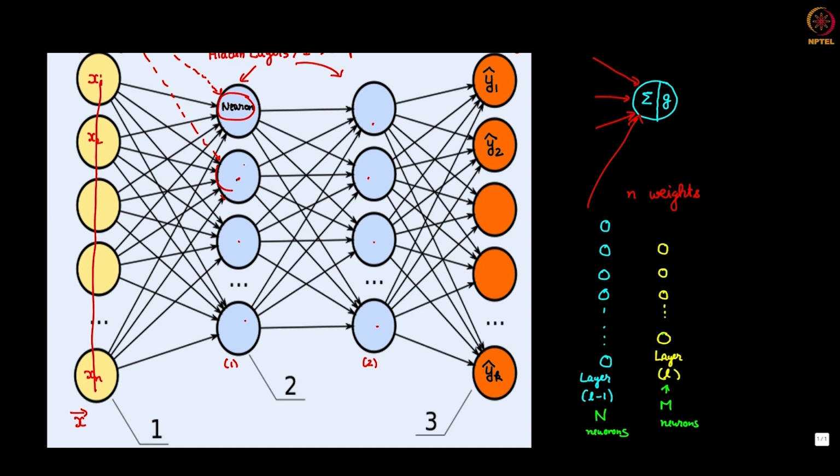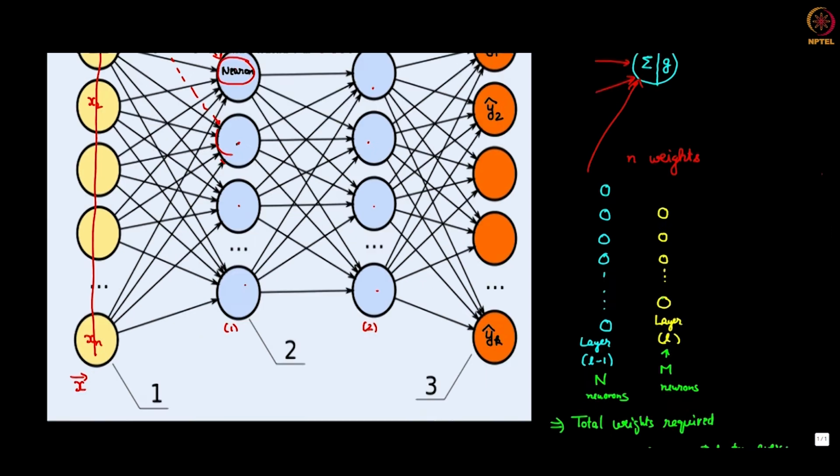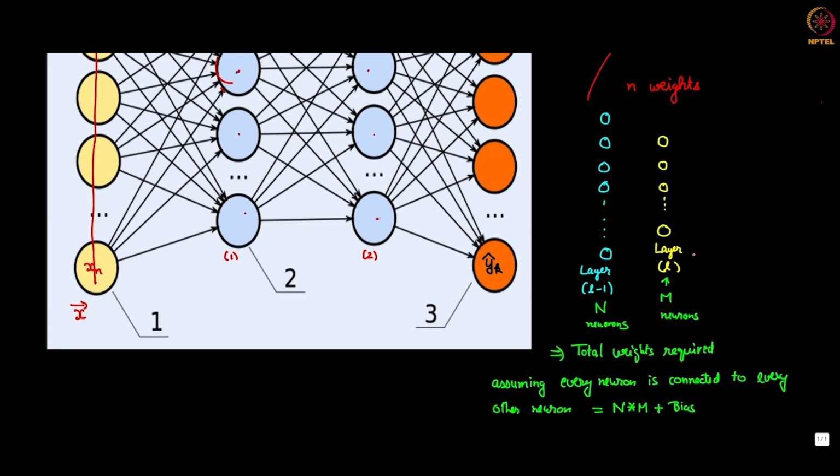So, each neuron gets a different bias. If we look at these m neurons, you have n times m normal weights. The number of bias weights will be equal to m, because each of these neurons has a different bias. So, the total number of weights in such a case is nm plus m.